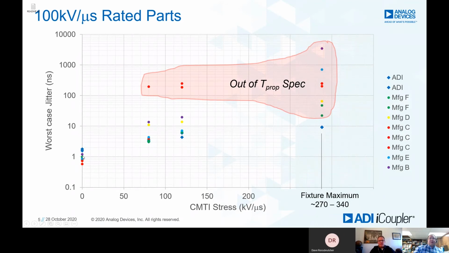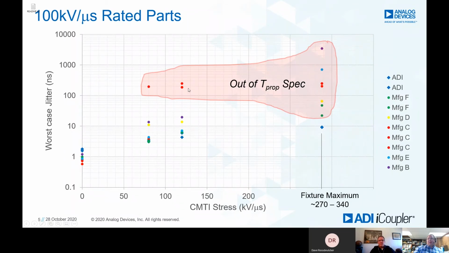One of the things to note is that we've got a log scale here, and I am taking the common mode stress well past the 100 kilovolt because I want to see how well the part works. With a couple of exceptions, all the parts performed okay in the region of 100 kilovolts per microsecond.